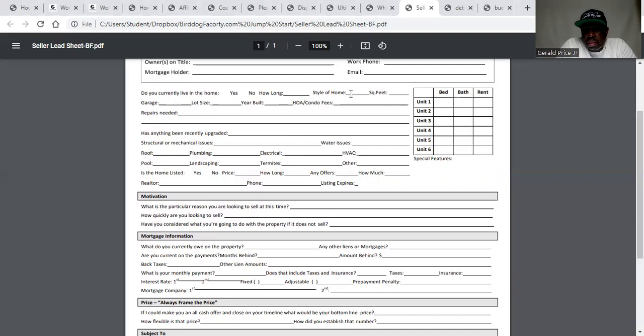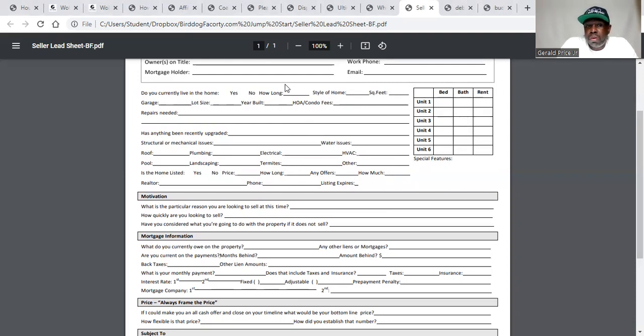How long, style of the home, square footage, all that stuff you can get from having an address. So I don't necessarily ask these questions unless I feel like I need to create some type of icebreaker. A person will give you some basic information like how many bedrooms, how many bathrooms, do you have a deck?